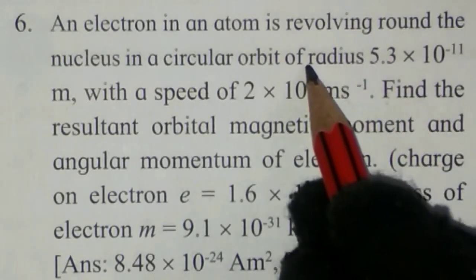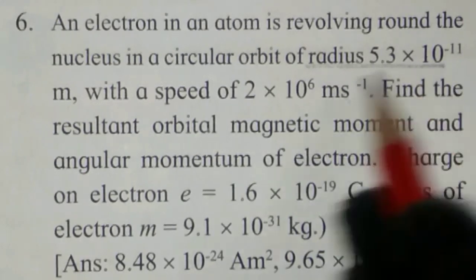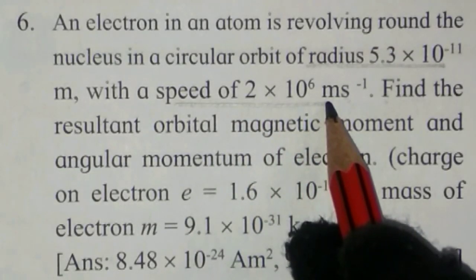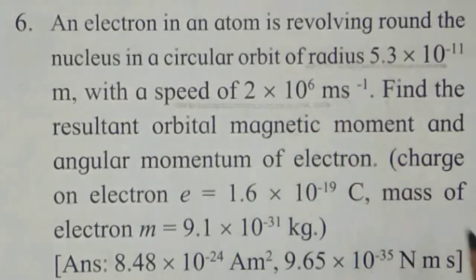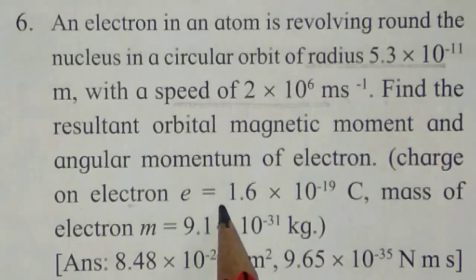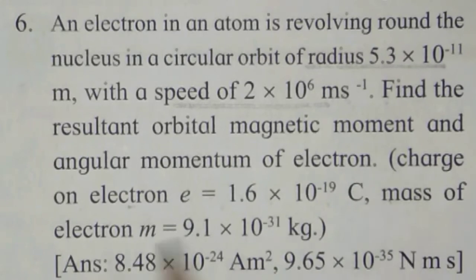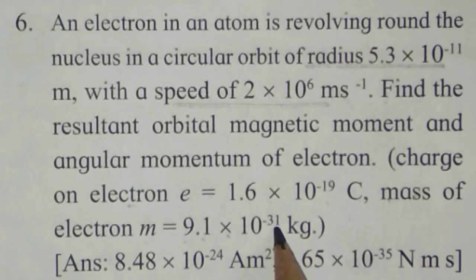We have been given the radius, that is 5.3 into 10 raised to minus 11 meter. We have been given the speed, that is 2 into 10 raised to 6 meter per second, and also the charge on the electron, that is e is 1.6 into 10 raised to minus 19 coulomb, and the mass of the electron, that is m is 9.1 into 10 raised to minus 31 kilogram.